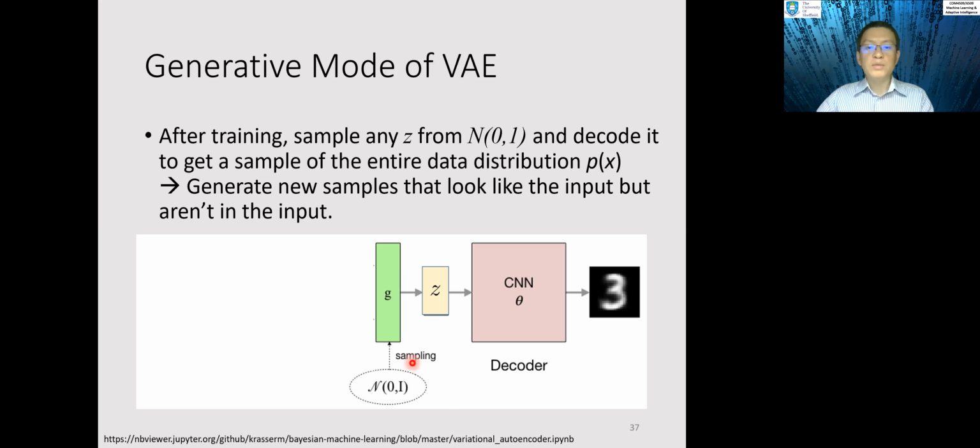We sample from this distribution to have a z, and then decode it to get a sample. This sample will be a sample from the entire data distribution p of x. So this process can generate new samples that look like the input, but they are not in the input. So this is a generative model.